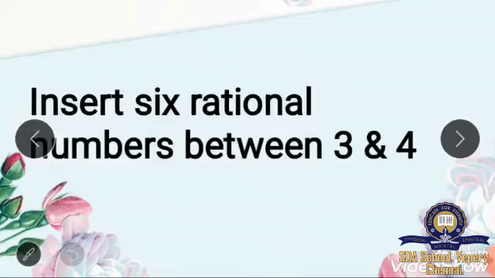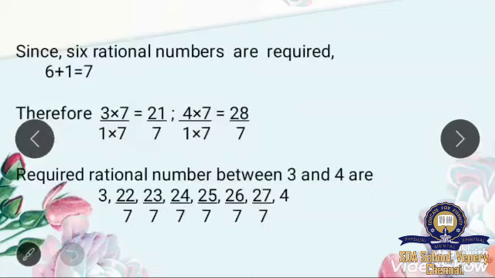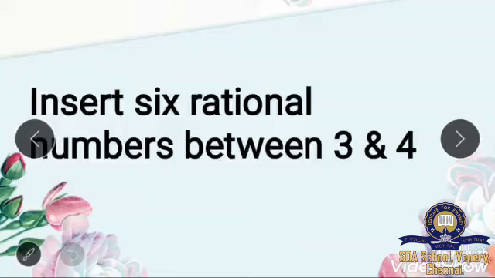Let's move on to the next example. Now we are going to insert 6 rational numbers in between 3 and 4. According to the question, we insert 6 rational numbers. Since it is also a rational number, we write 3 by 1 and 4 by 1, so its denominator is 1.